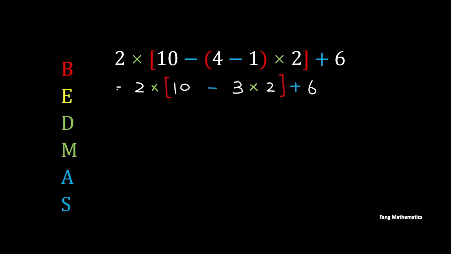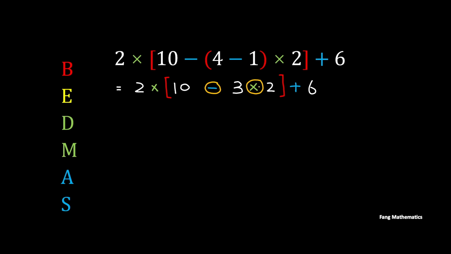Now we have successfully removed the parentheses, but we are left with the square bracket. If you look at the inside of the square bracket, you should notice there are two operations inside it: the subtraction and multiplication. So we use the BEDMAS rule to determine which operation to perform first inside the square bracket.